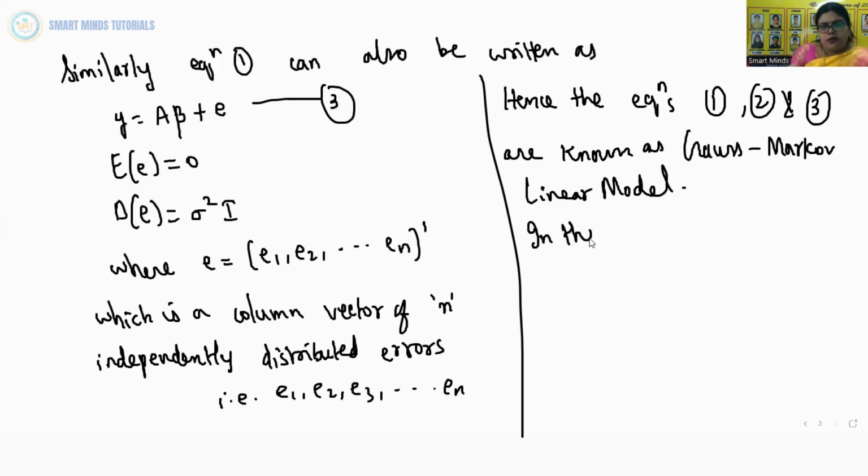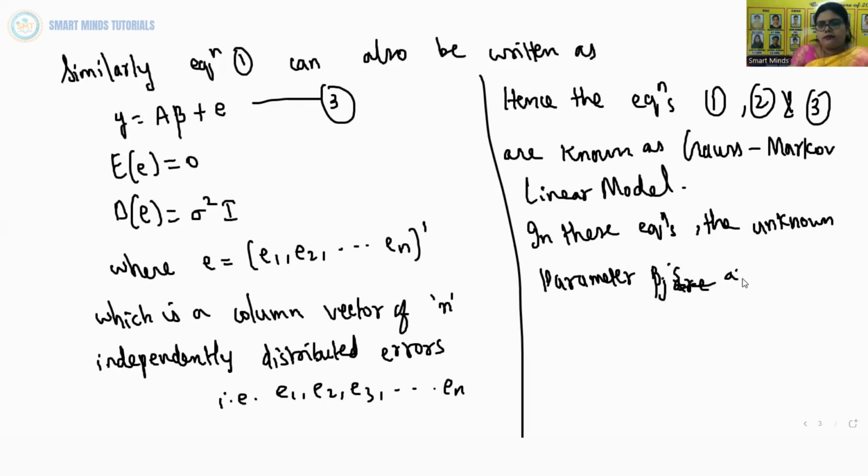So in these equations, there is an unknown parameter. What is that unknown parameter? All betas, like we can say beta j's, are referred to as effects or regression parameters.